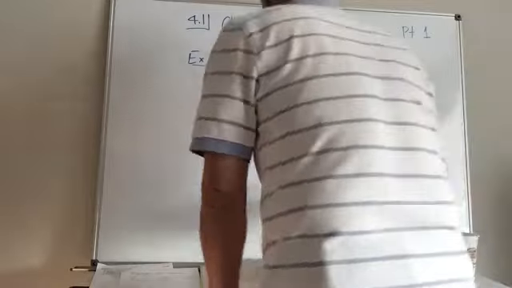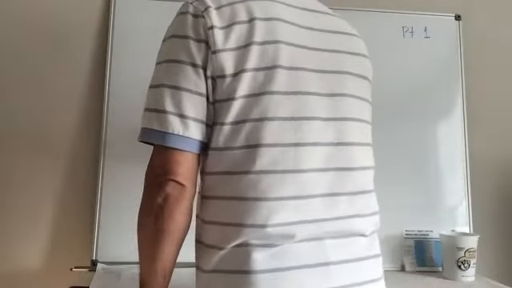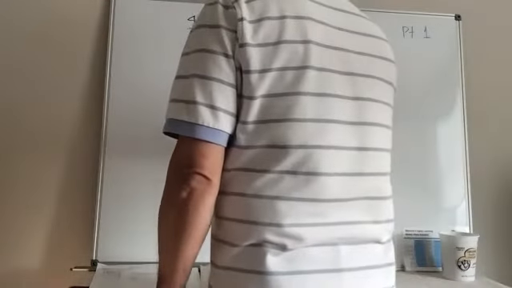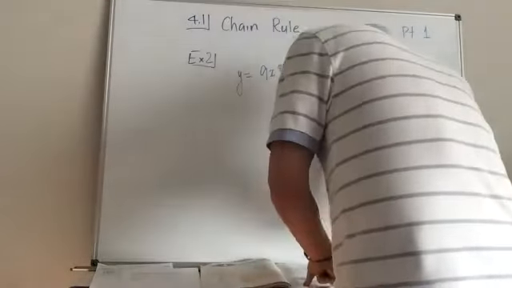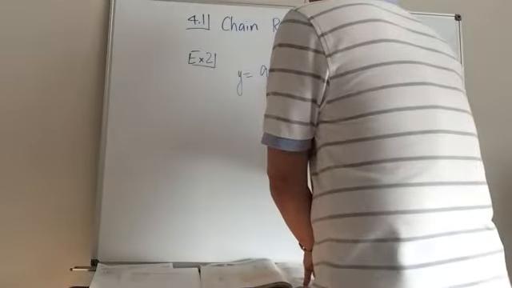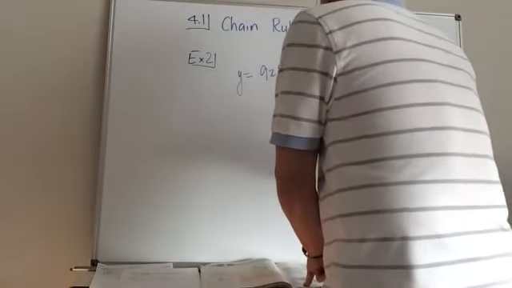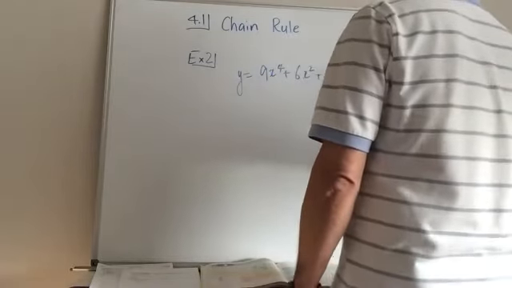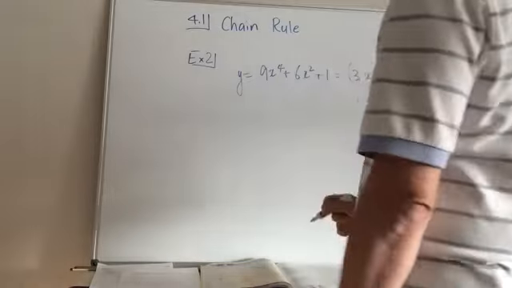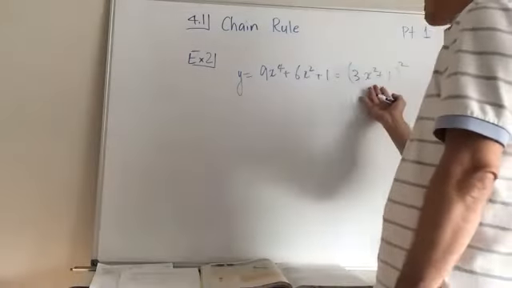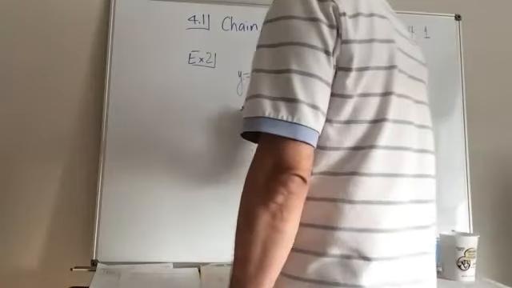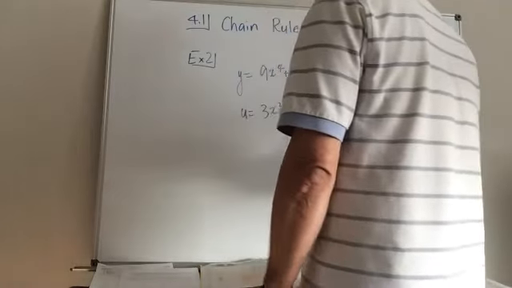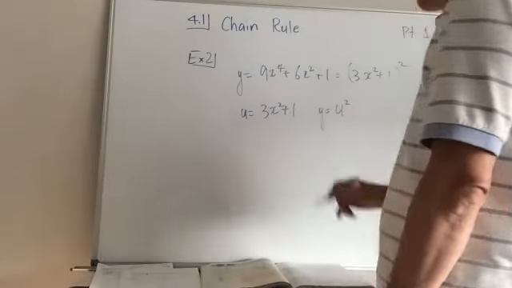So y is equal to 9x to the 4th plus 6x squared plus 1, which is the same as (3x squared plus 1) squared. Again, I'm going to make this a composite function and say u is equal to 3x squared plus 1, and therefore y is equal to u squared.